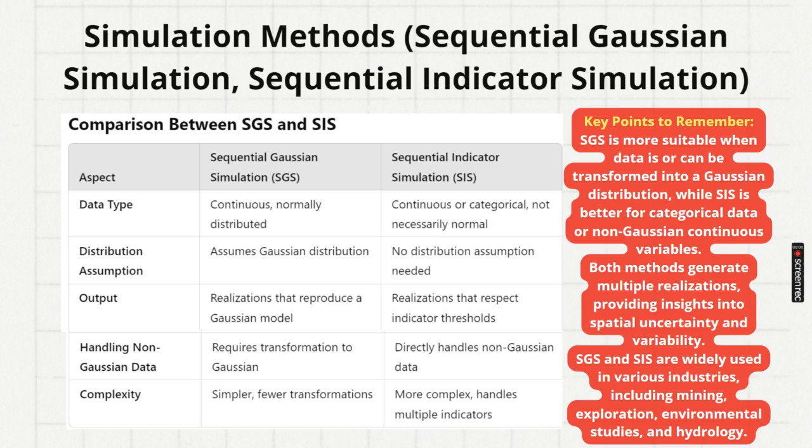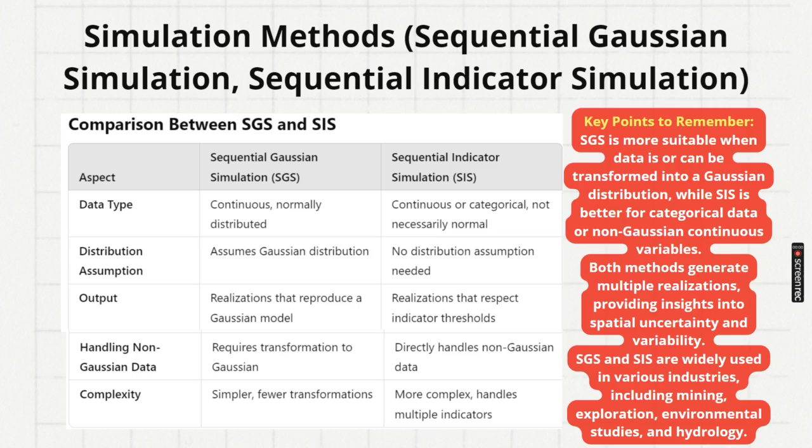So if we want to summarize, there are a few key points which we can remember for the time being. SGS is more suitable when data is transformed into Gaussian distribution or data is already Gaussian distributed, while SIS is better for categorical data or non-Gaussian continuous variables.